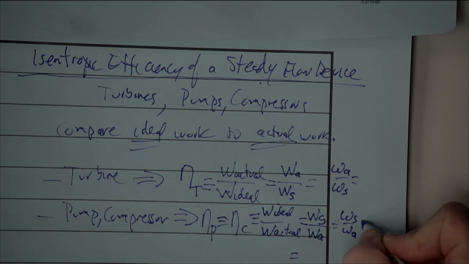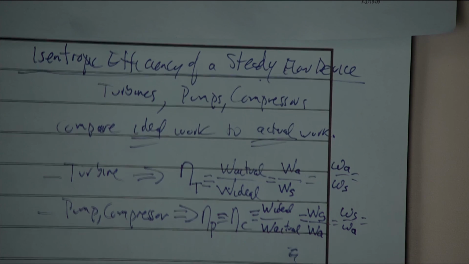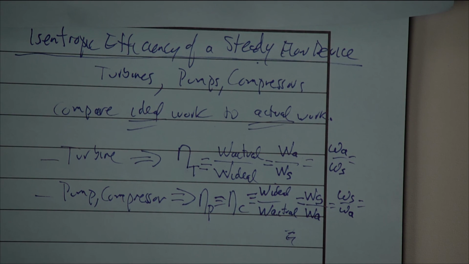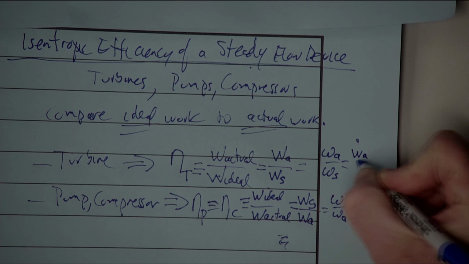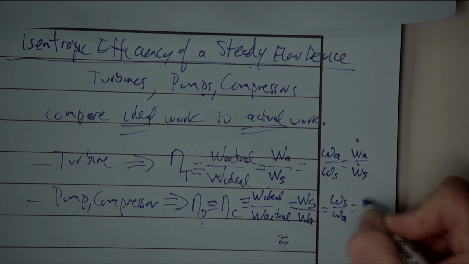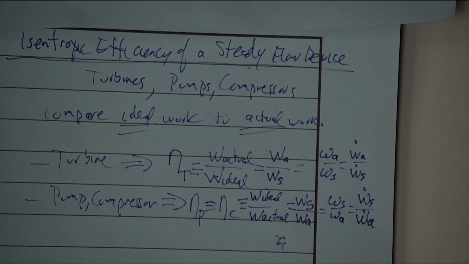And then further, I could do this on a per unit time basis. In other words, I could divide by time in the numerator and denominator. So this could also be just W dot A over W dot S, or inverse for the compressor or pump, W dot S over W dot A. So all of these are acceptable ways for us to write out the isentropic efficiency of these various devices.